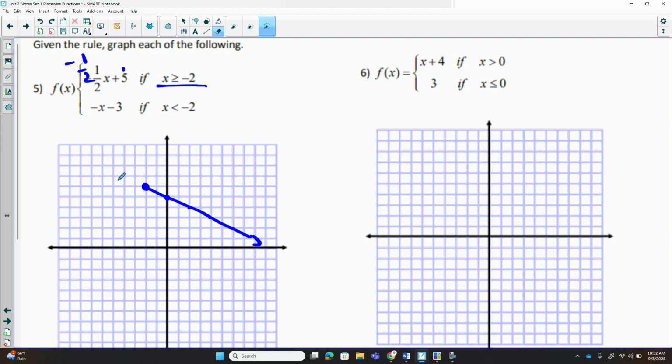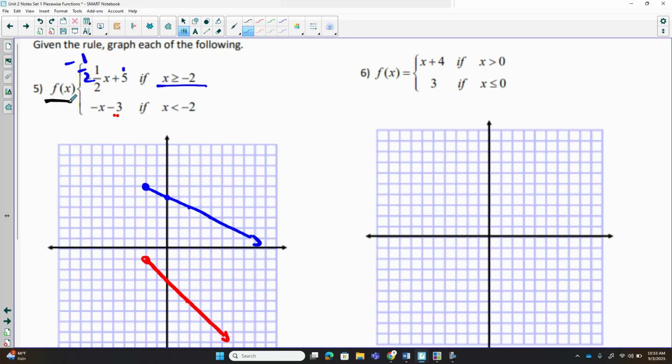Now, this one starts at negative 3, which is down here. Now, it's going down 1 over 1 as well, which is this way. I've had a couple students who were working on this, and they have a tendency to think, oh, I need to go this direction. All right, now, this says f of x.